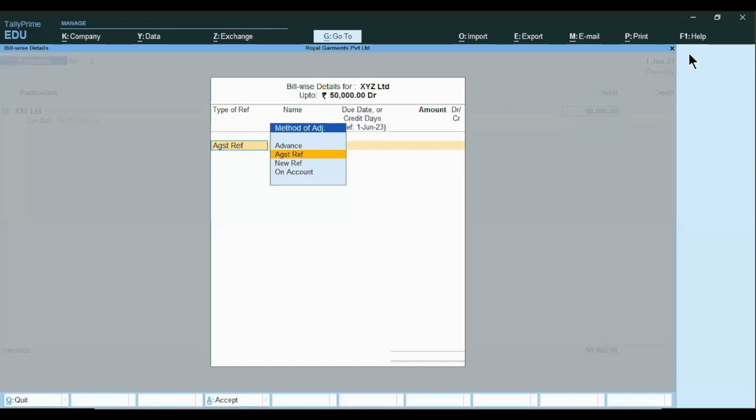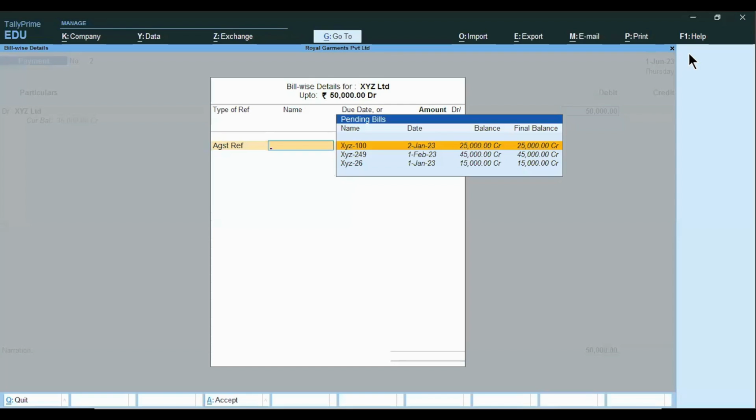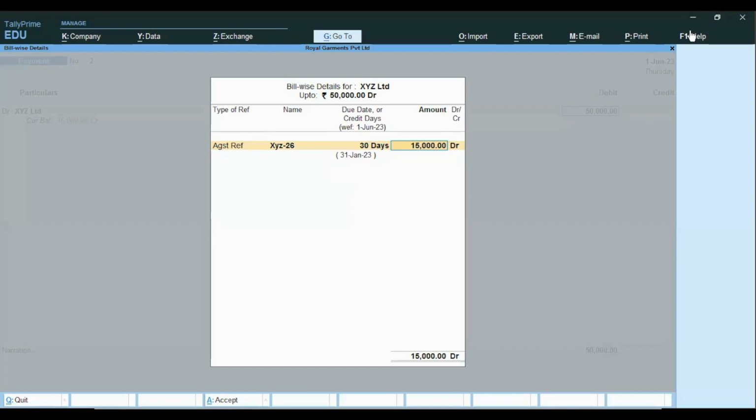Enter. 50,000 we are paying. Enter. So now it asks for which bill you are paying. First of all, it will list out the bill wise details against reference. For which bill are we paying? I am paying for the oldest bill, dated 1st Jan. It is of 15,000. Enter. As we have paid 50,000, till this 50,000 gets completed, it will rest here. Enter.